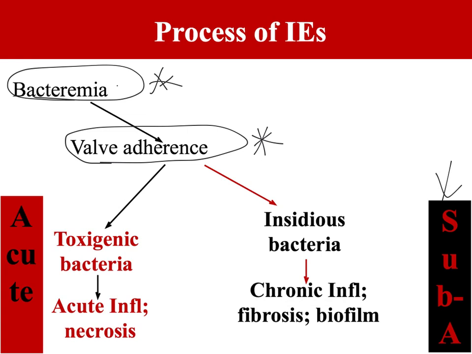And then you wind up with this transitioning into chronic inflammation. You see formation of fibrosis, and you see the formation of what are called vegetations in the heart. So these are coagulated bits of fibrotic tissue, dead bacteria, old bacterial biofilms, basically just crusted onto the surface of the heart valve.